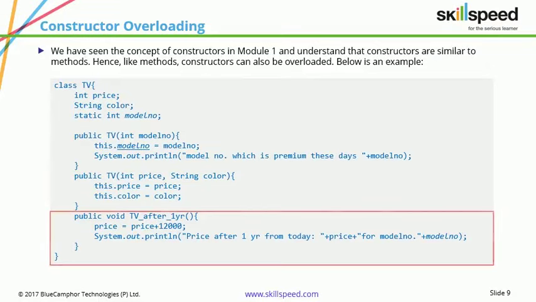Next, I have a method called public void TV after 1 year, and I have the statement price is equal to price plus 12,000, because after 1 year the price of the TV is going to increase by 12,000. I have a print statement where I am printing price after 1 year from today, and I am giving the price and the model number using the model number variable.